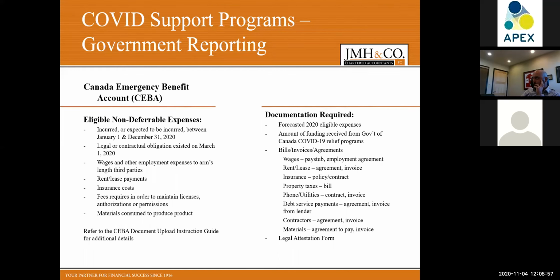Now, on the screen here, it has a definition of what an eligible non-deferrable expense is. So it has to be incurred or expected to be incurred between January 1 and December 31st, 2020. So limited time horizon there for you. In addition, it has to be legal or contractual obligation that existed on or before March 1st, 2020.